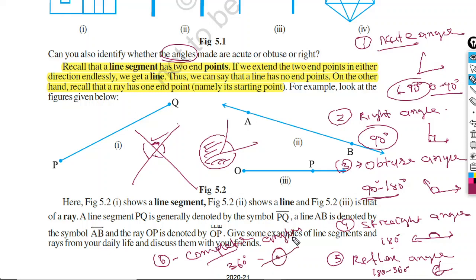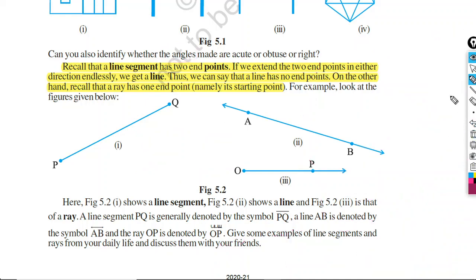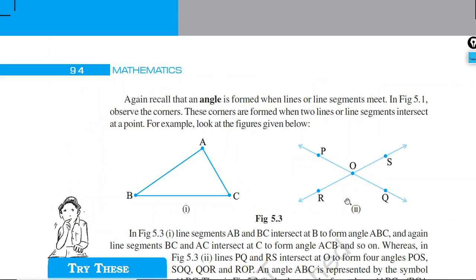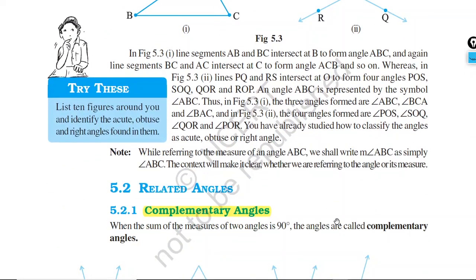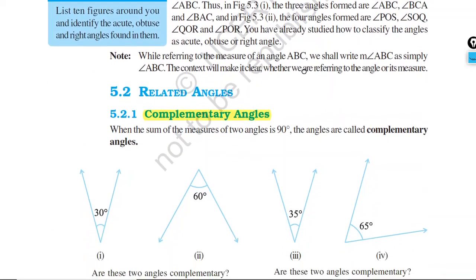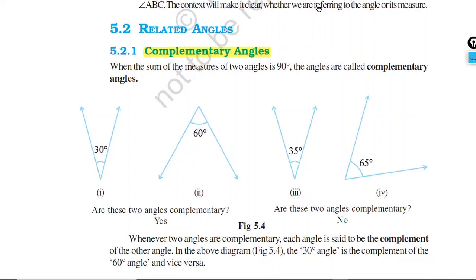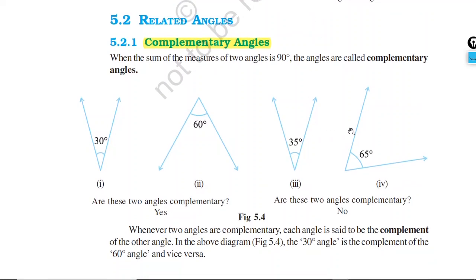So these are the things that we had discussed in class 6 also. I have discussed them in short here. Now we will move to the next part. There are some other types of angles like complementary angle. Let's see what a complementary angle is.